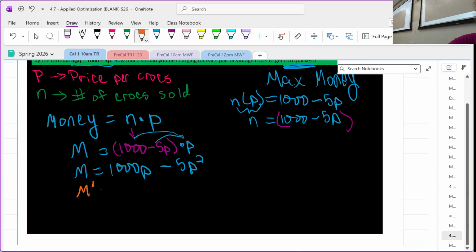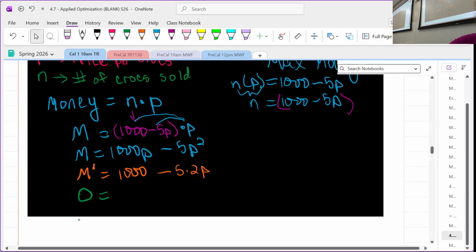So we take our derivative, M prime equals 1000 minus 5 times 2P. And we set it equal to 0.